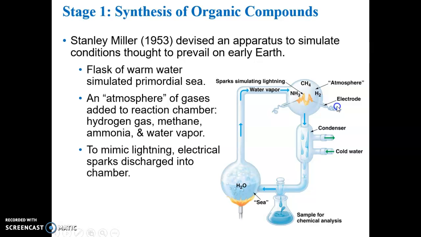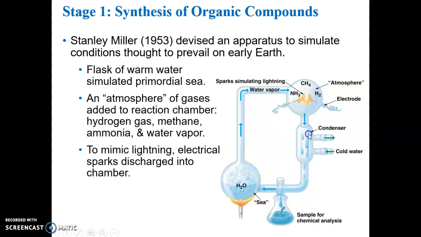And then an electrode was introduced into this container mimicking the early atmosphere, and the electrodes would generate little electrical sparks. And that was mimicking lightning that was most likely occurring quite a bit in the early atmosphere.